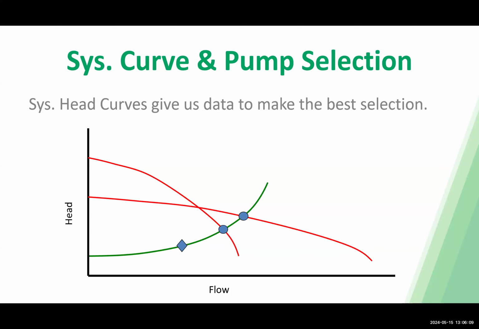However, by using the system head curve, we can see that you're operating far to the right on that pump curve. Whereas for that longer curve here, you're actually dead in the middle. So you don't have to change anything about your system, and you're operating at the best possible efficiency for that pump. So for this application, we would select that longer pump curve.